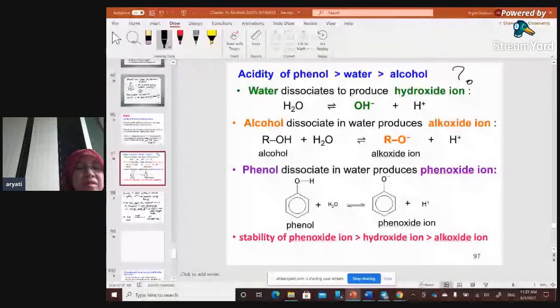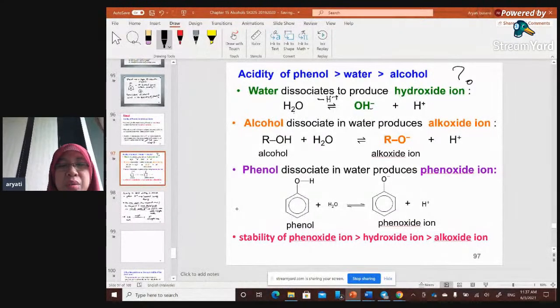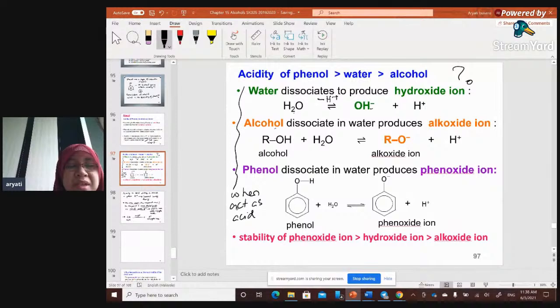Okay, so when water donate proton H plus, dia buang H plus, dia akan jadi OH minus ion. Ini ialah hydroxide ion. When alcohol bertindak balas sebagai acid by donate H plus, so dia akan jadi RO minus.